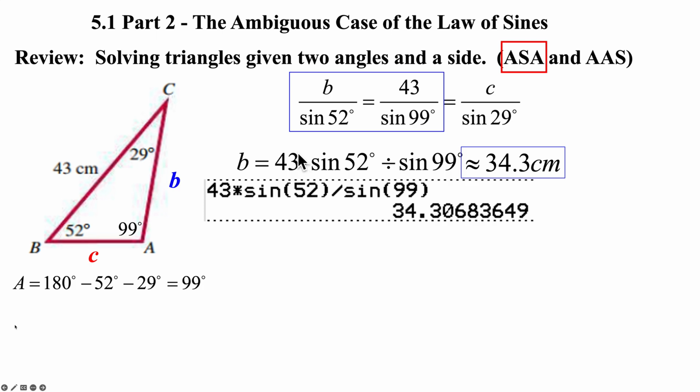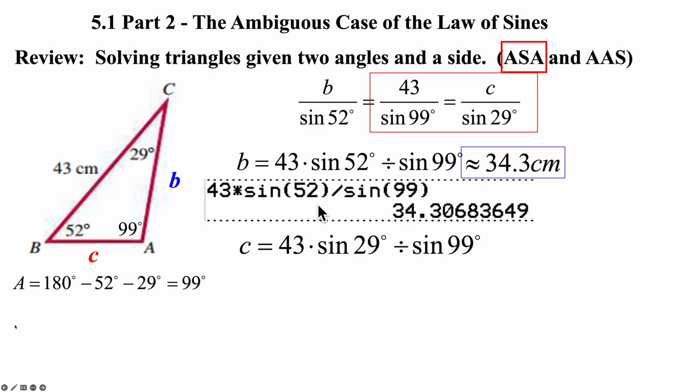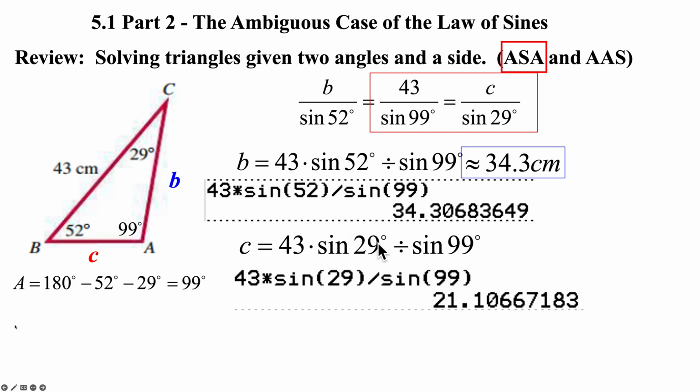Now remember, the reason for doing this is that it makes your next proportion quick and easy to solve, because all we have to do is change out the 52 degrees and replace it with the 29 degrees, both in the writing and in your calculator entry. So remember, you're sitting here with your cursor on the calculator line down here.